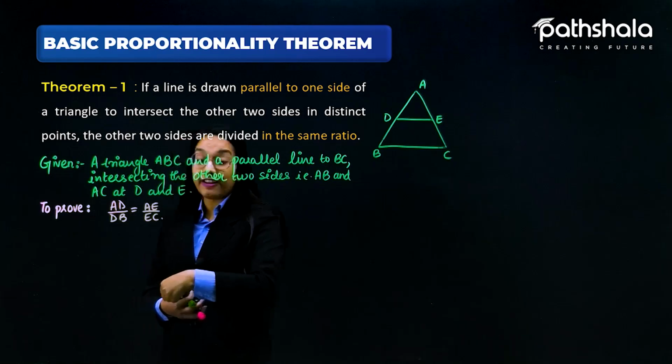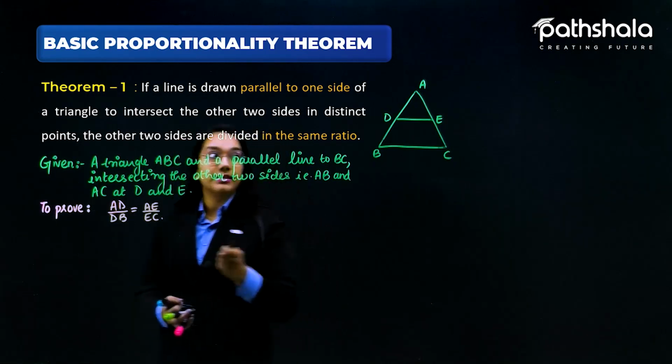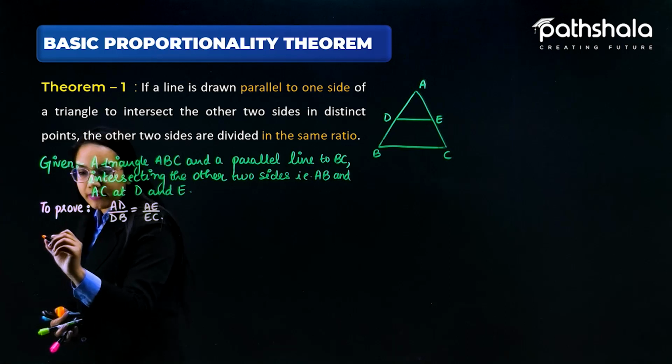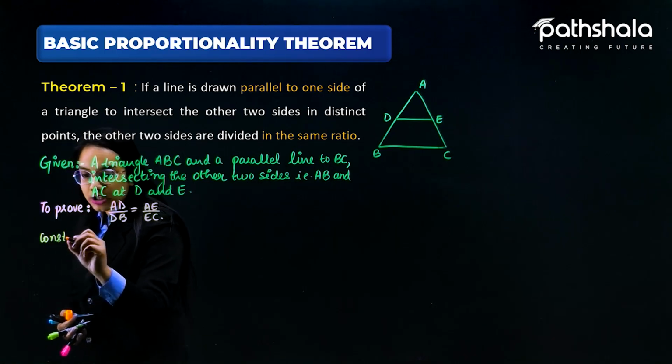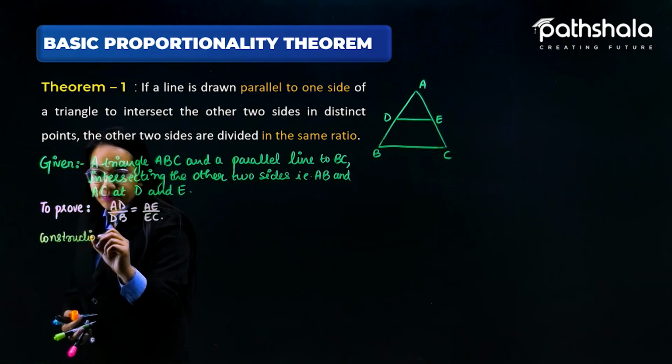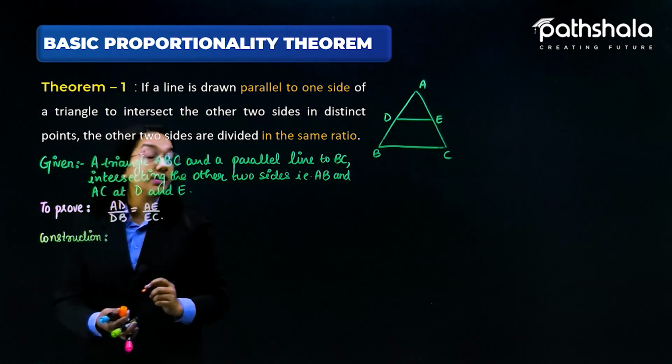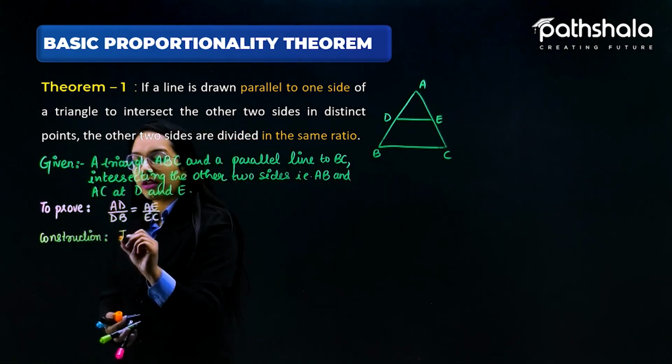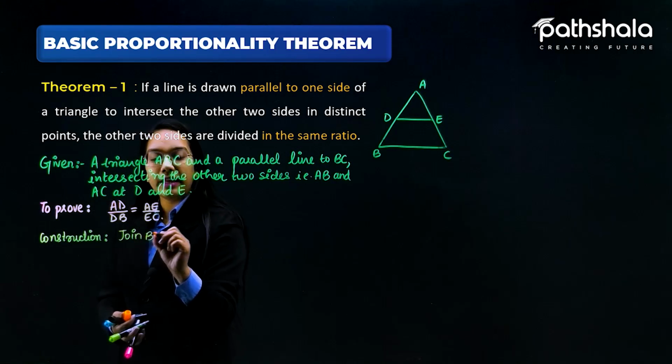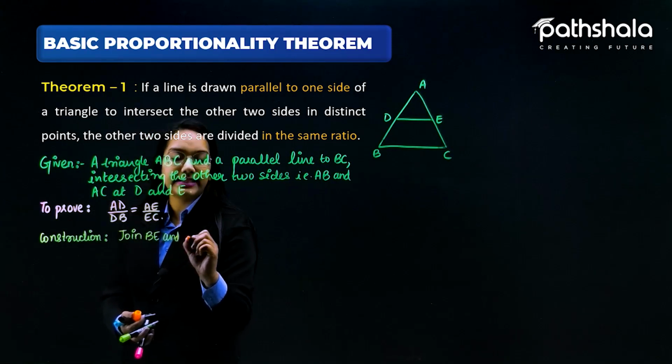Now let's see what construction is related to it. The construction that we require is, let us start with joining BE and CD.